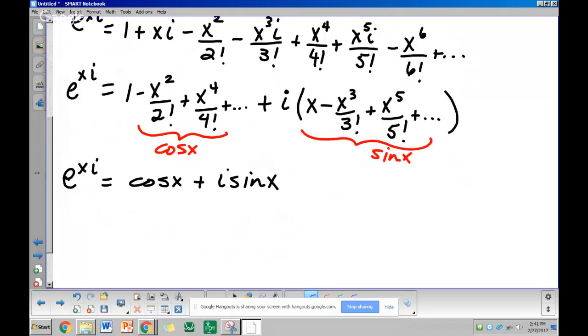And the beauty of this formula is, what is e to the pi i? Let's plug in pi. We get cosine of pi plus i sine of pi.